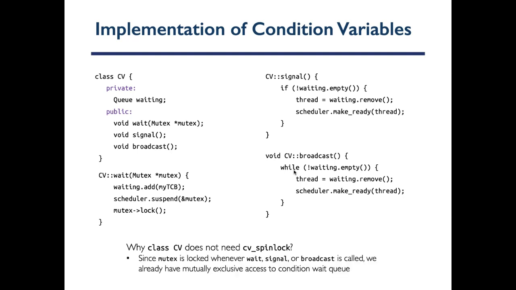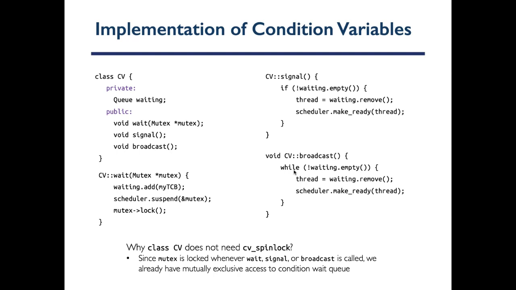Okay, so the reason is that it is assumed that all these functions are called when you hold the mutex. And that mutex will give you the mutual exclusion that you want with your implementation.